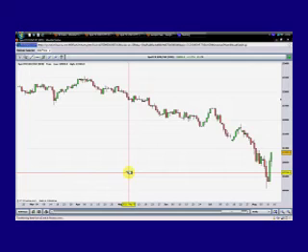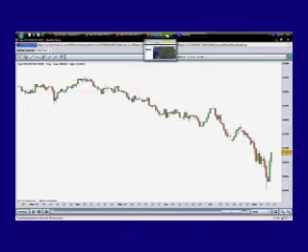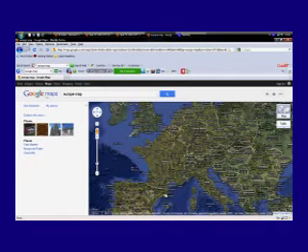Talking about specialist trading, especially Forex specialist trading, we will focus on the Swiss franc. For those of you who know about Switzerland, it is a very small country in Europe. If you do not live in Europe, it is right here, squeezed between France, Germany, Austria, and Italy.